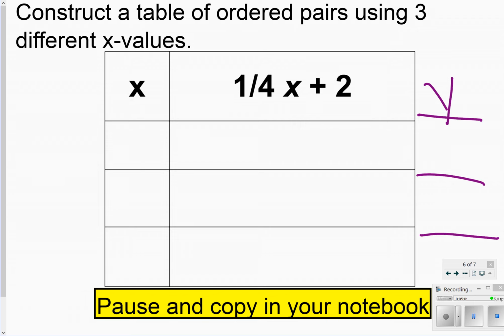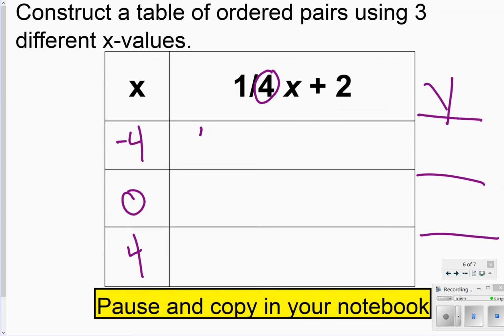All right, well, I'm going to go ahead and use -4, 0, and 4. And the reason I chose those is because of the denominator. I figure if my whole number is similar to my division number, then I will be able to work it easily.